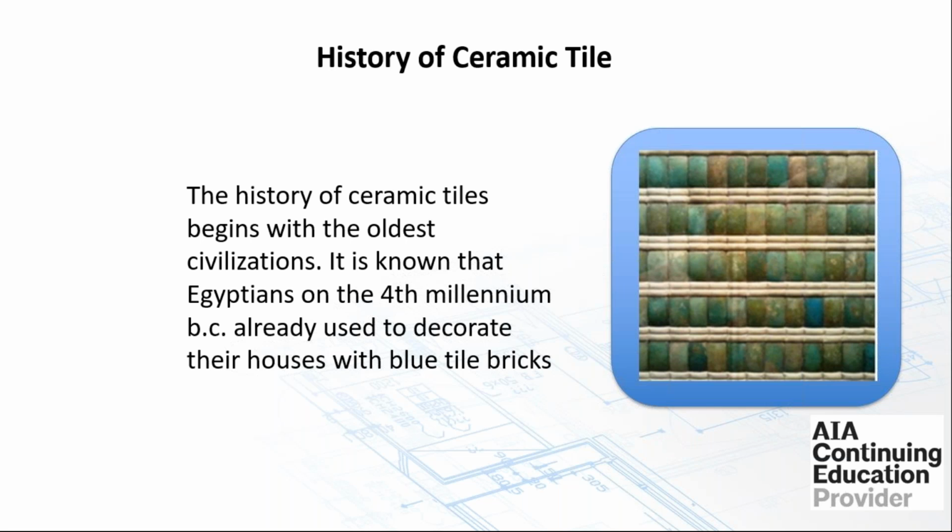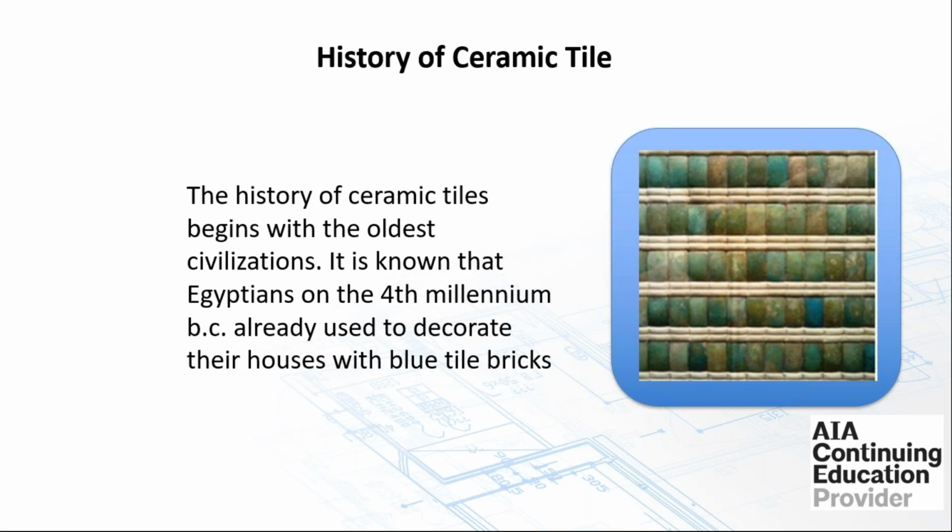When we take a look at the history, ceramic tile is one of the oldest forms of construction that we know. The Egyptians had it in the 4th millennium and used it to decorate their houses with blue tile bricks. And in between all of these is, of course, some sort of a mortar or a grout system holding them together, preventing voids in between the individual pieces.